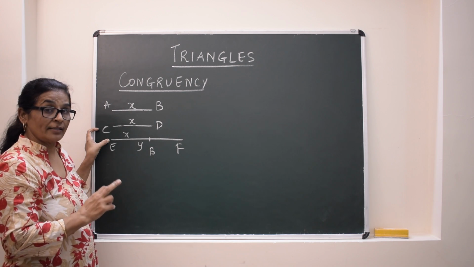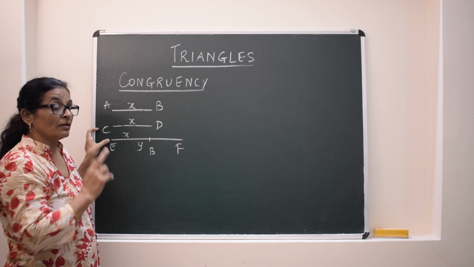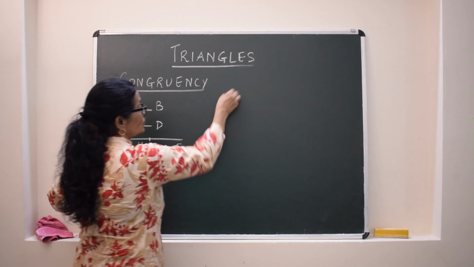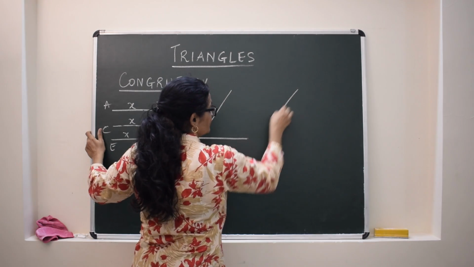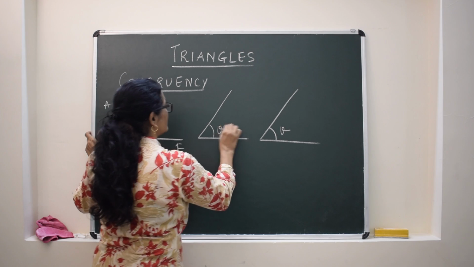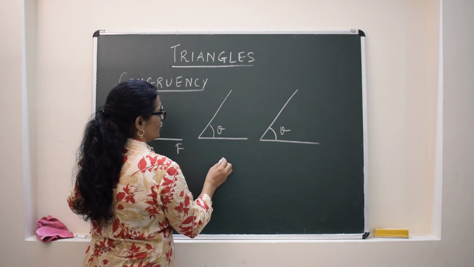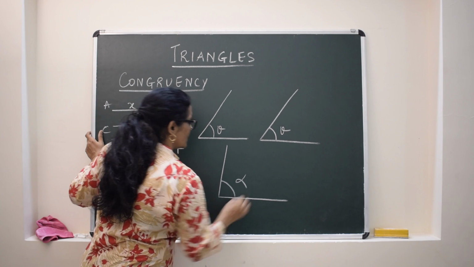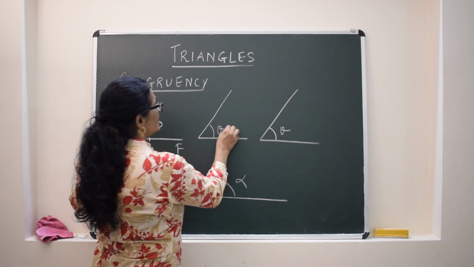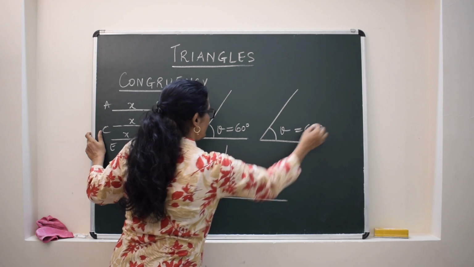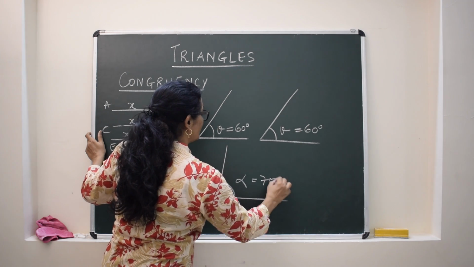So what is the criteria for line segments to be congruent? Their lengths should be equal. And if I draw two angles, and the measures of these two angles are theta, and suppose I draw another angle which is alpha, so this theta is, suppose, 60 degrees and alpha is 75 degrees.